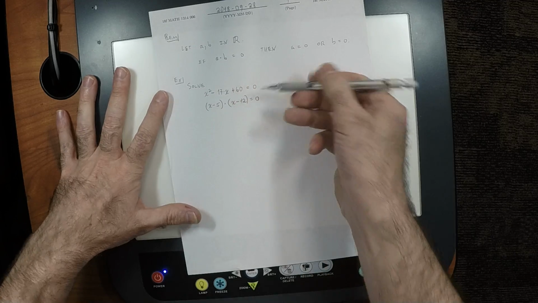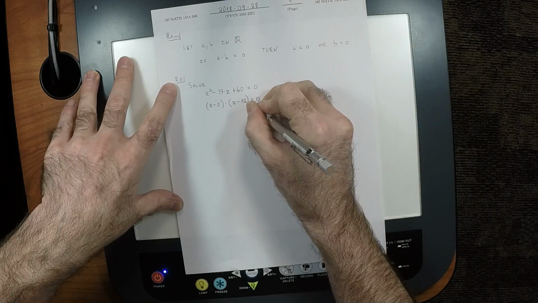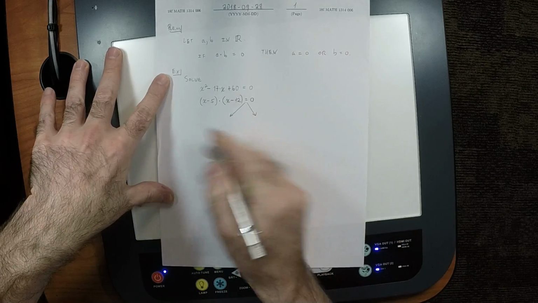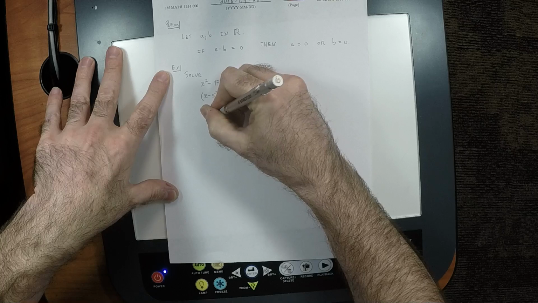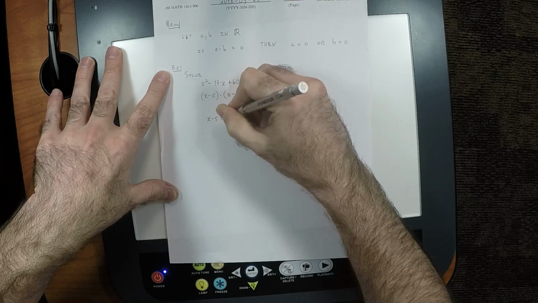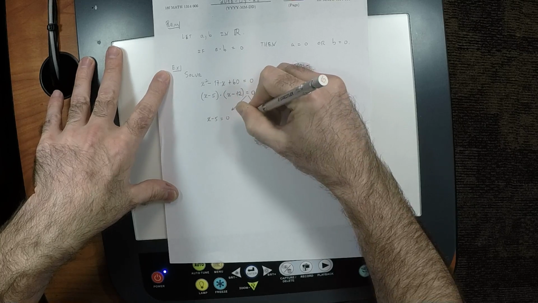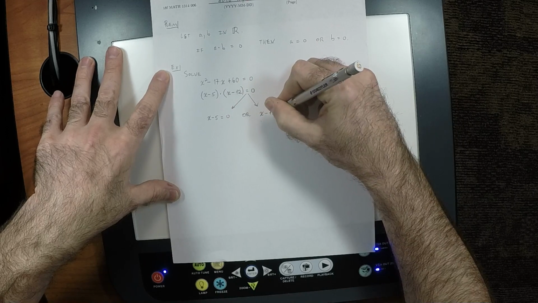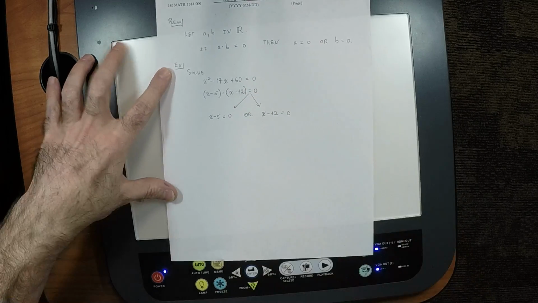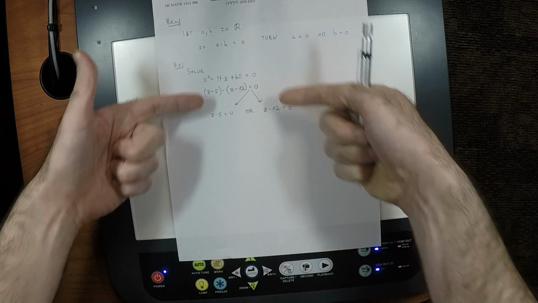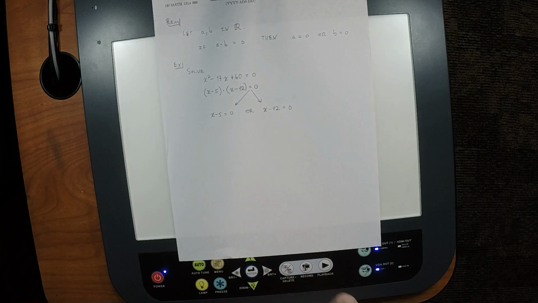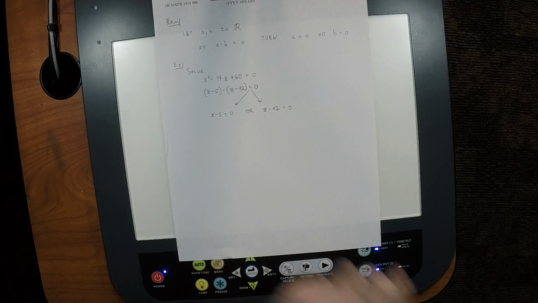And now this kind of complicated equation, in fact, splits into two pieces. And it's saying that, well, perhaps x minus 5 is 0, or if not that, then x minus 12 is 0. So now this one equation has split into two parts, and each of those equations is simpler than the previous one.